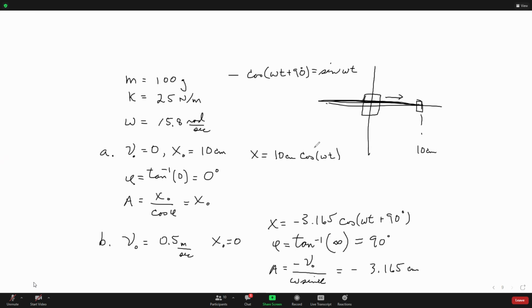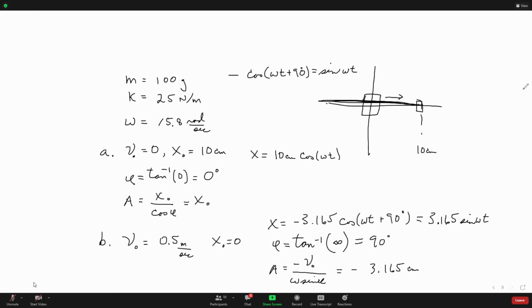So you can change this to be 3.165 sine omega t, if you want. Okay, so that's the basics of simple harmonic motion.